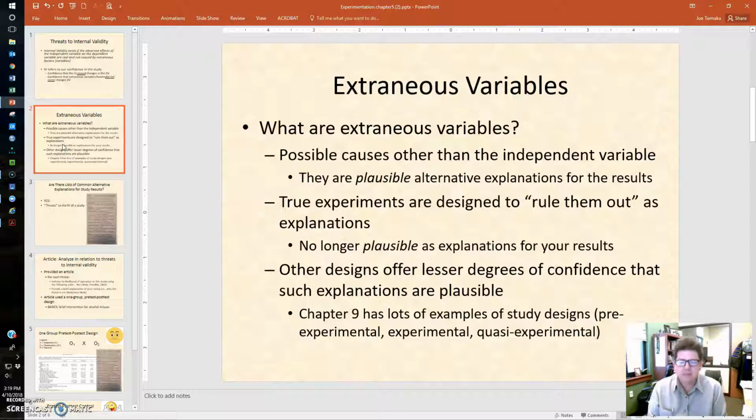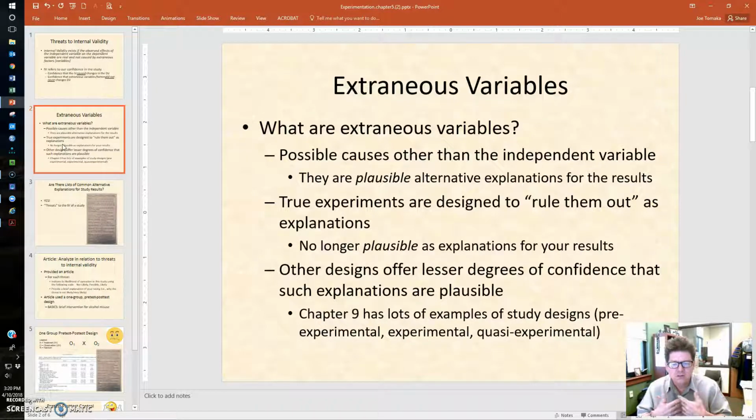As we'll see, true experiments are designed to rule out these extraneous variables, these alternative explanations. In other words, to make them no longer plausible as explanations for the results, leading you to conclude that, well, what caused the difference? Well, it had to be the independent variable. And as we get into the example, I'll try to demonstrate that a little bit more.